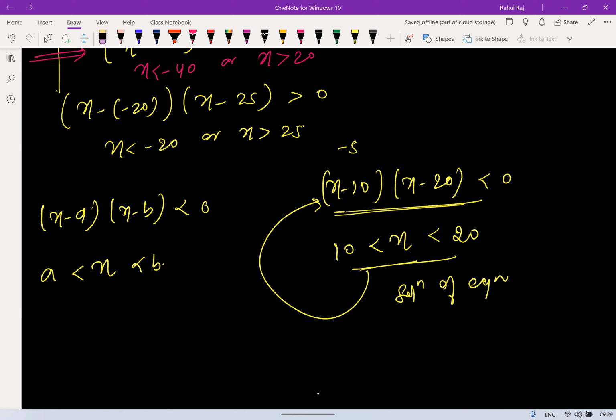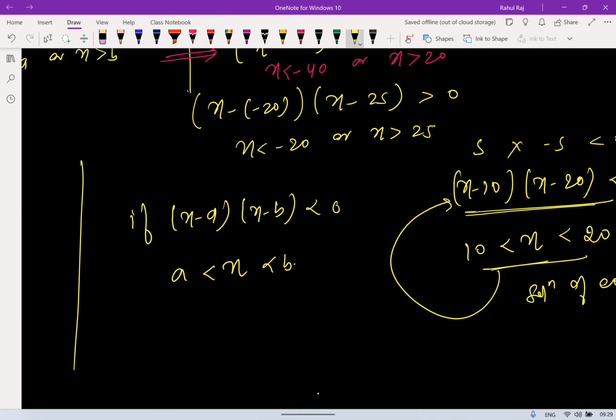No, you can't put 5 because 5 does not lie between 10 and 20. 15 we can put. So 15 minus 10 is 5, 15 minus 20 is negative 5, which is less than 0. But if you put 5, it will be greater than 0, and that's the reason it is not considered in the solution. So it simply means x lies between 10 and 20.